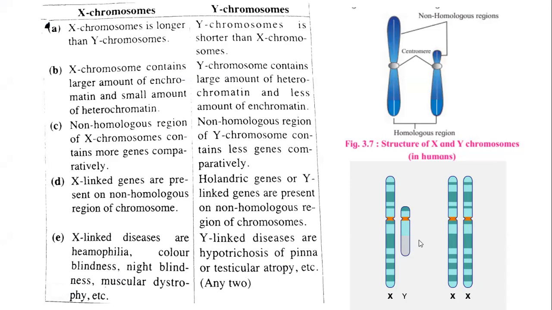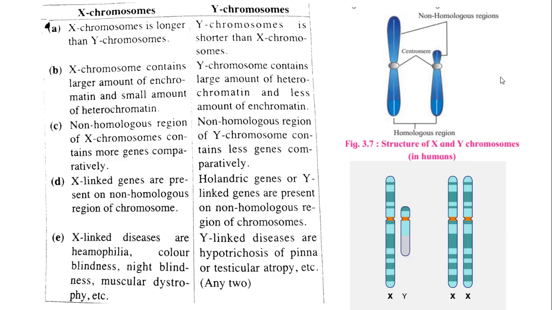So this is a general understanding of X and Y. You should know X is longer than Y. You have a small amount of euchromatin and more heterochromatin in Y, and more euchromatin and less heterochromatin in X. What is euchromatin?